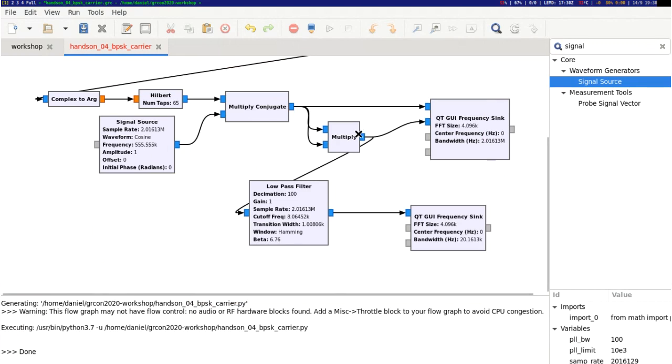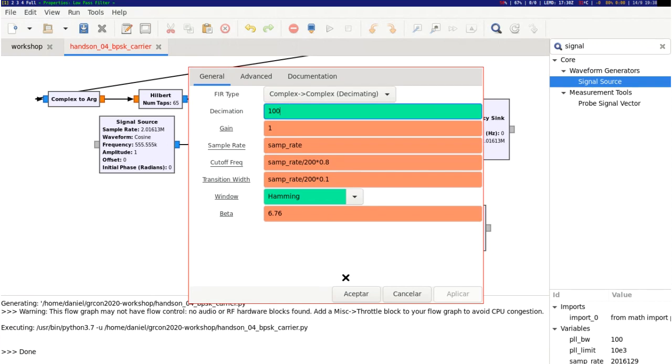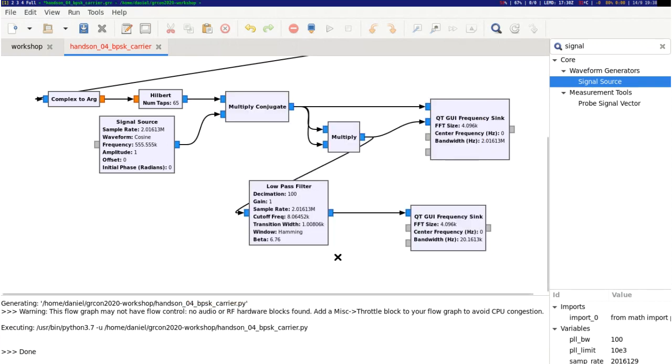Well, my suggestion is, since this signal here is already at baseband, so near 0 hertz, you can do a low-pass filter and decimate by 100. This will increase your frequency resolution in 100 times. And here, instead of seeing 2 megahertz of spectrum, you'll be able to see only the 20 central kilohertz.